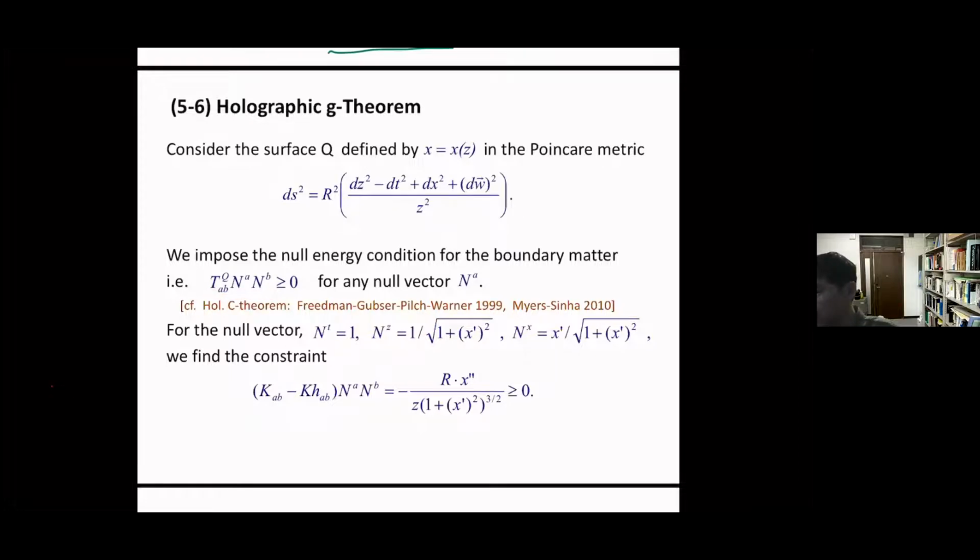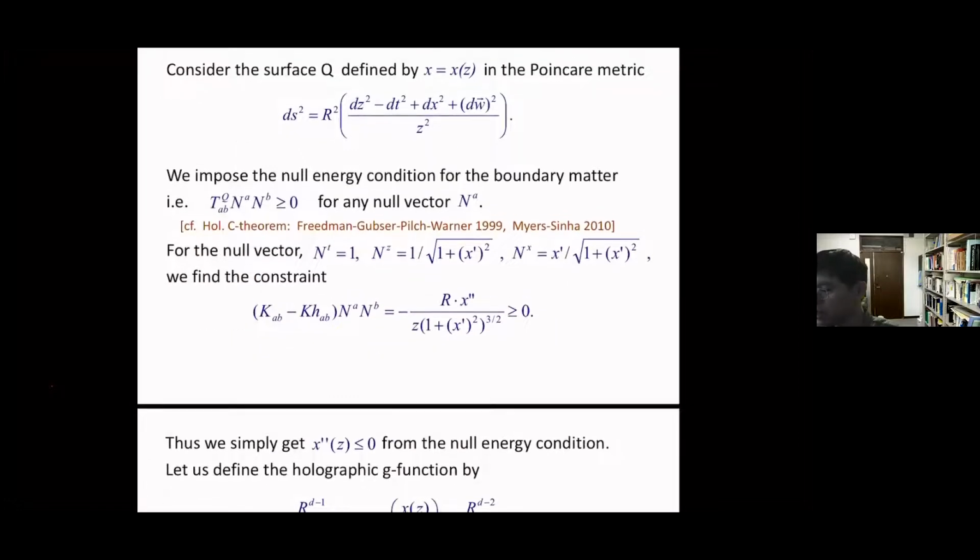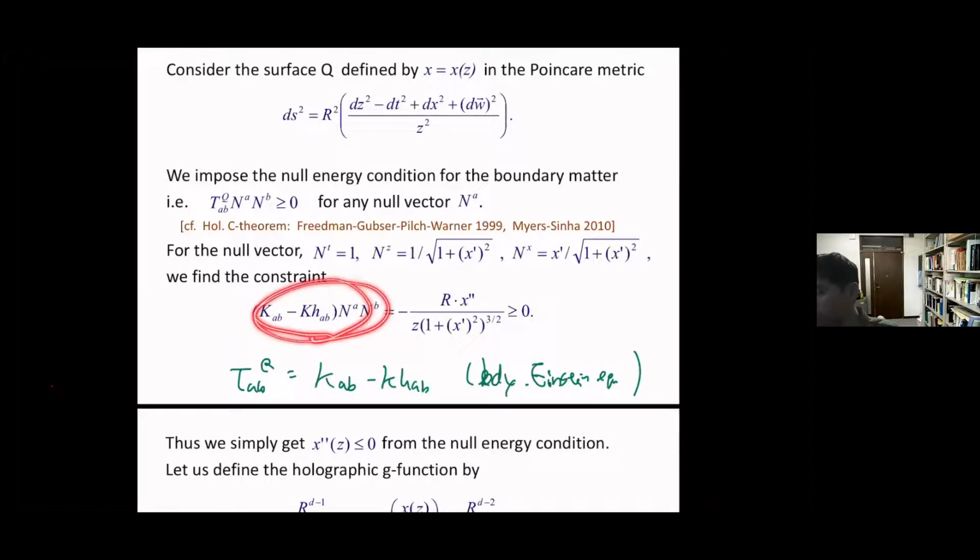And then, to impose this, we can write this equation, because we know, right, T_ab^Q is equal to (K_ab - K h_ab). This is the boundary version of the Einstein equation, which I explained, right? So using this relation, you can just evaluate this guy. This should also be positive, right?